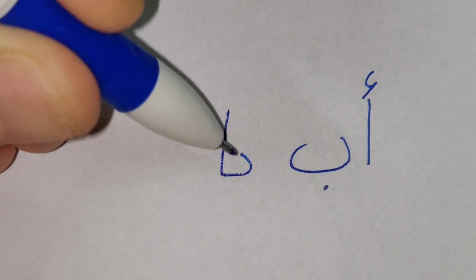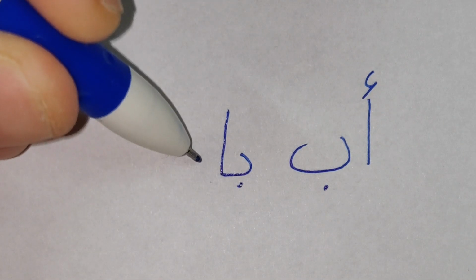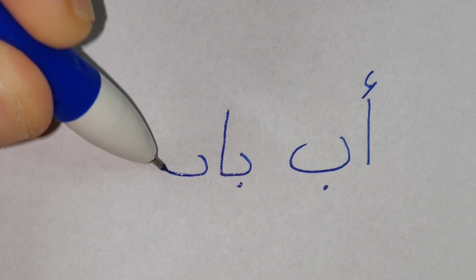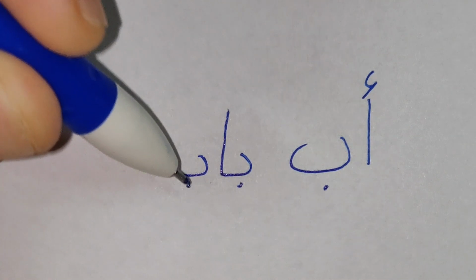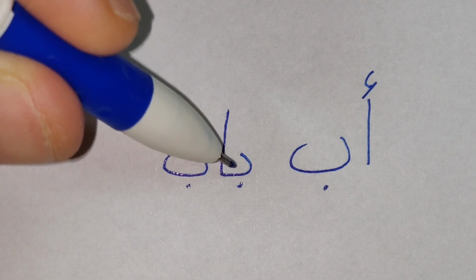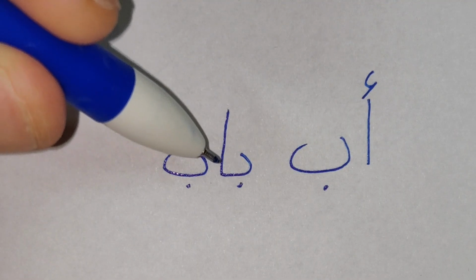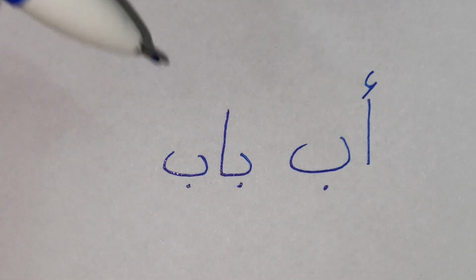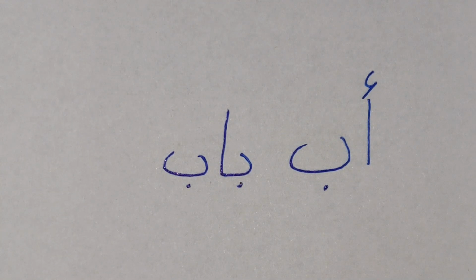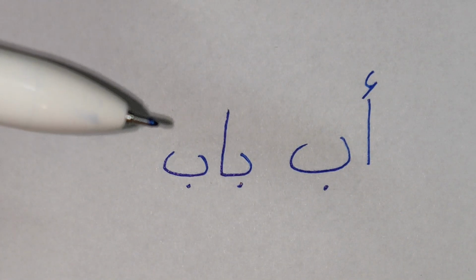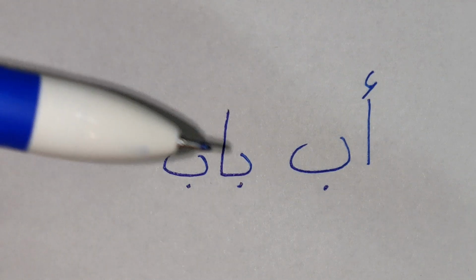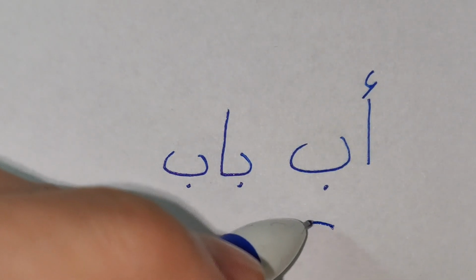The word bab means door. Notice how alif is connected with the preceding letter ba, but remains separate from the ba that follows it. And once again, as a reminder, you write the letters from right to left.